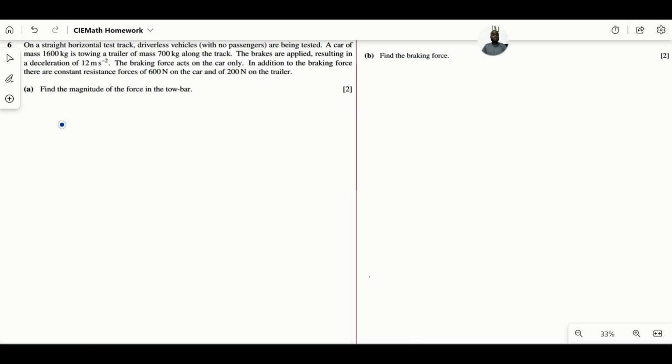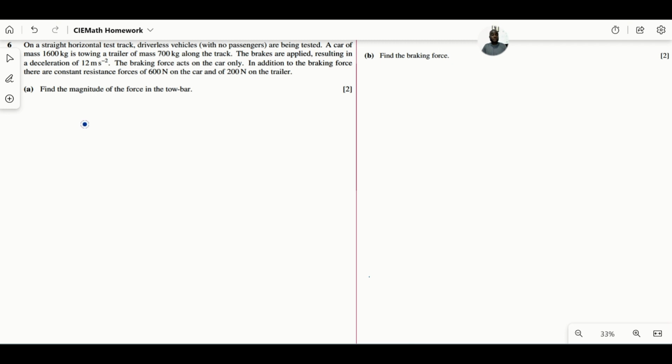Imagine you have a rope tied around you, or even the situation we are describing here, that a driverless vehicle with no passengers is being tested, and they have a car that has a mass of 1600 kilograms towing a trailer of mass 700 kilograms along that straight horizontal track.